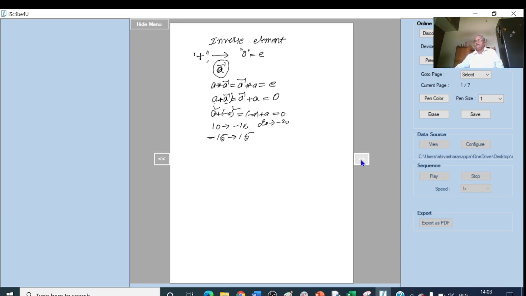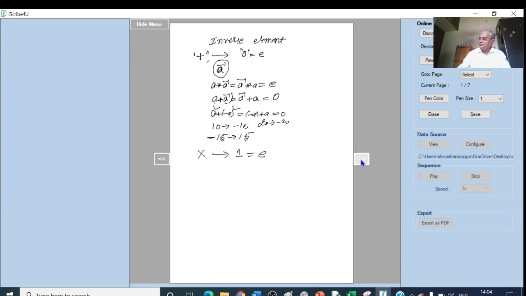So with respect to addition, minus a is the inverse element. And if we are in multiplication, then what is the identity element here? Identity element is 1. Okay, this is our e.